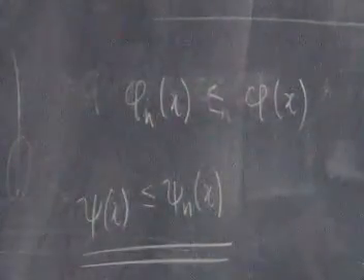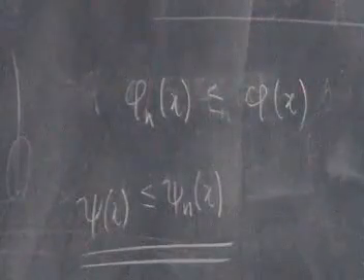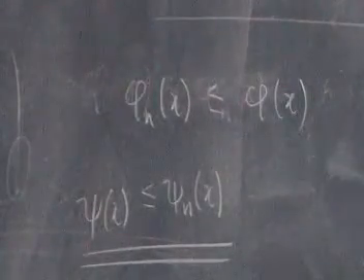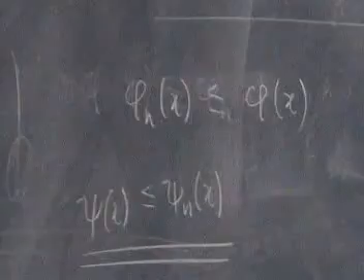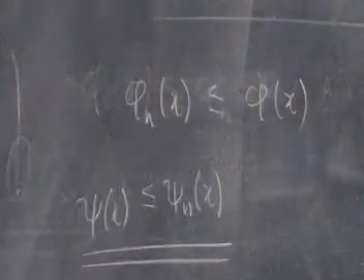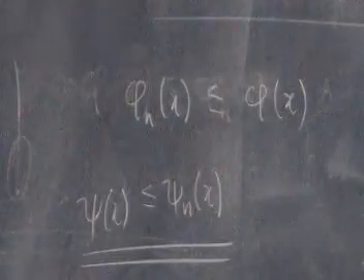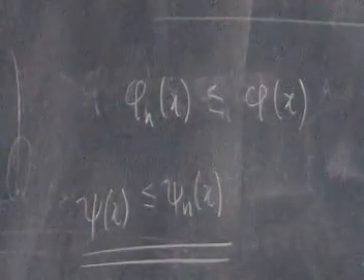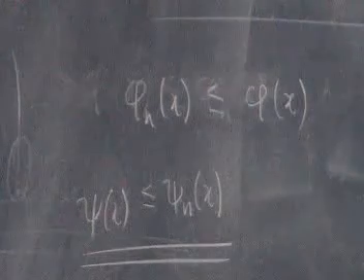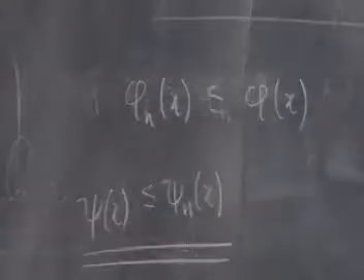What can you say about the relation between phi and psi? For all n, phi n x is less than or equal to psi n x, so phi x will be less than or equal to psi x. That will also be there. It's necessary, we'll use it. I don't know what are the things I need, so as we go along, we'll see which things we need.